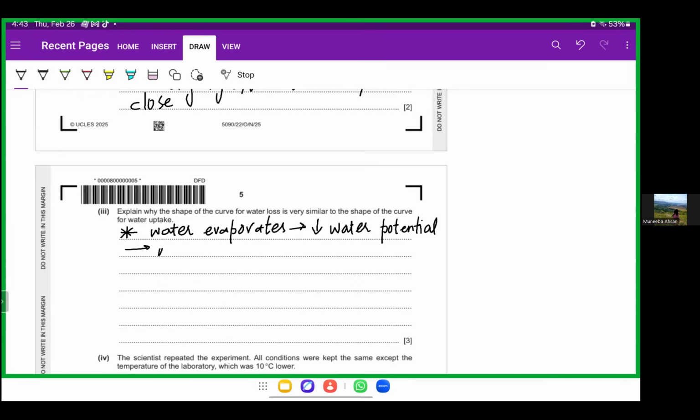The water moves up through the xylem vessel to create a transpiration pull.